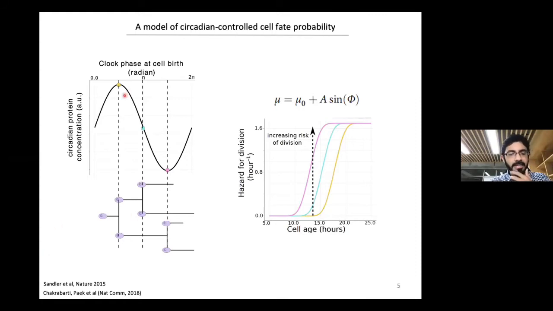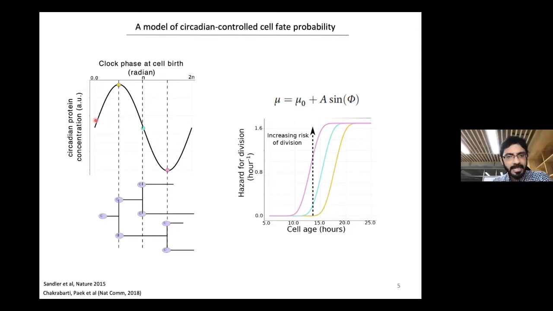So we decided to build a data-driven model to see whether all aspects of our data in this cancer cell line can be recapitulated with a circadian-driven cell cycle model.